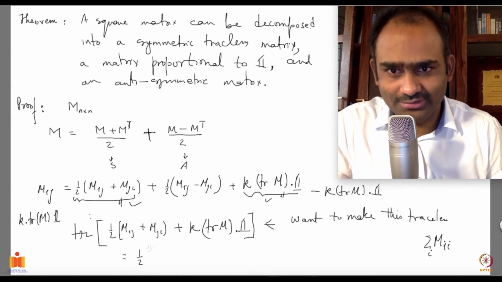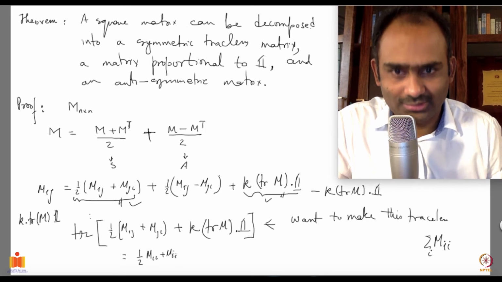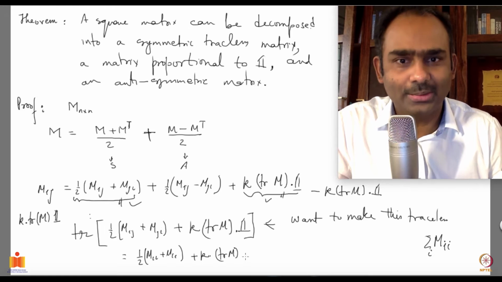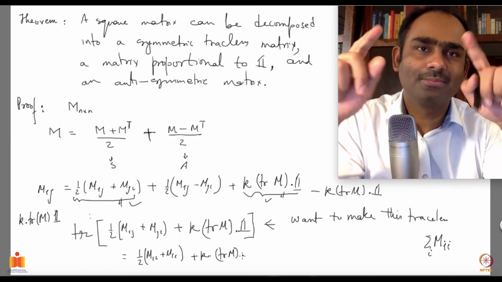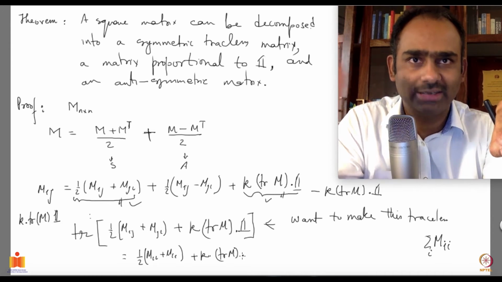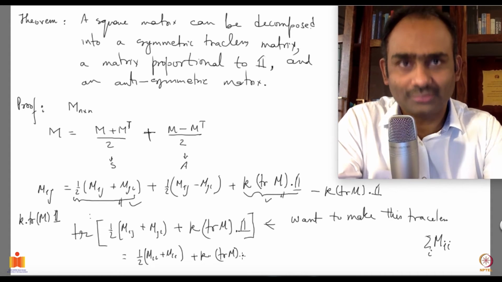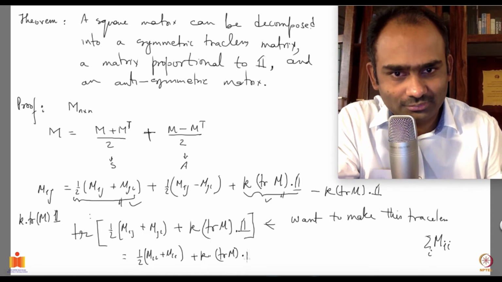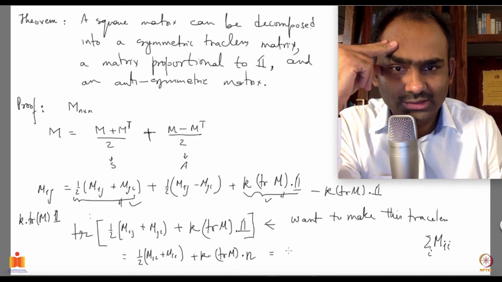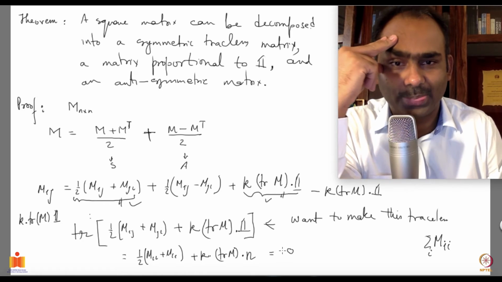So it becomes half Mii, which is the trace, again Mii, which is the trace of M, plus k times trace M. Trace M is a constant, so there is nothing happening there. And then you have the identity matrix, which has 1, 1, 1, n number of times on the diagonal. So if you take a trace, you are adding up all those ones, which gives you n, right? Because I'm saying n cross n matrix. And this trace we want to be 0.